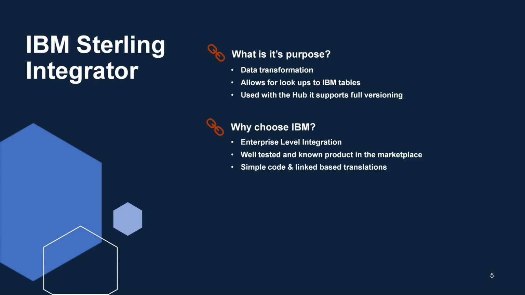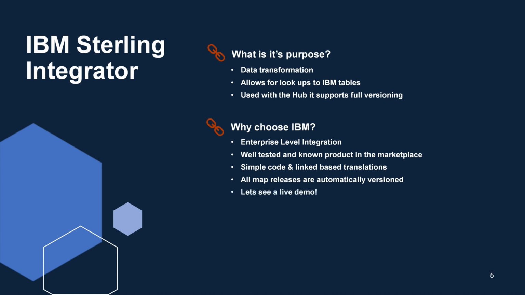It's fairly simple to code, and it's code and link based for transformations. And again, all map releases are automatically versioned, which is really useful in order to identify issues and to manage changes.